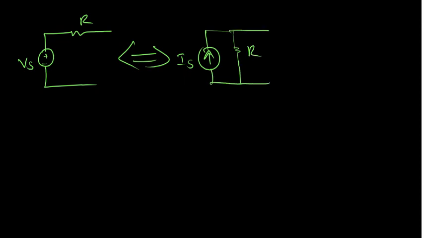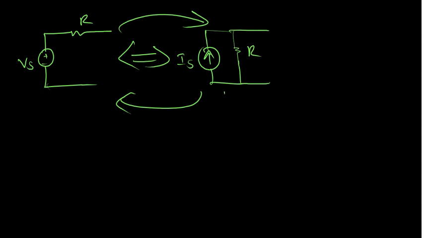So we can make this to this and this to this. The arrow of the current source always points to the positive terminal. When we use source transformation, we can easily solve the electrical circuit.